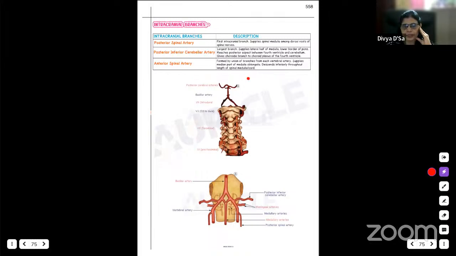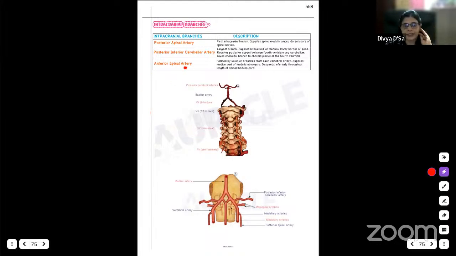Then the anterior spinal artery: here it is a pair, formed by the union of branches from each of the vertebral arteries. It supplies the median part of the medulla oblongata and descends inferiorly through the length of the spinal cord.